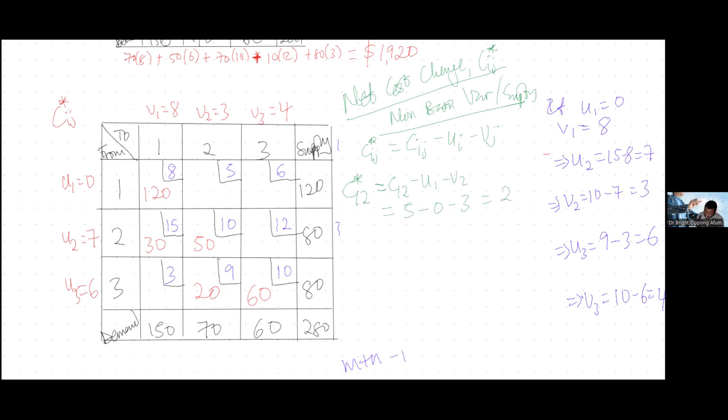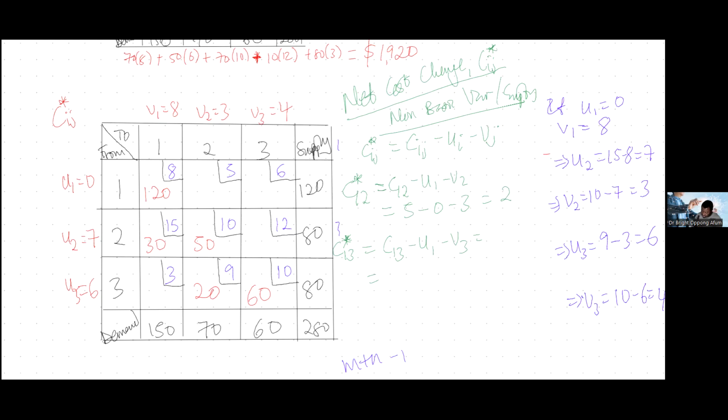Now C13 prime, or asterisk, is C13 minus U1 minus V3, right?